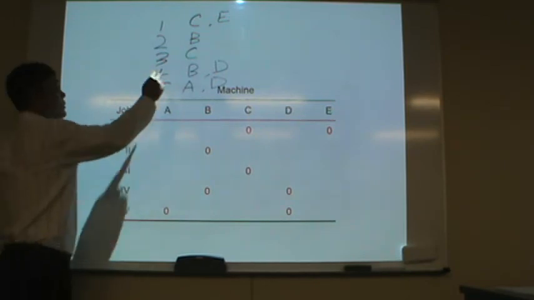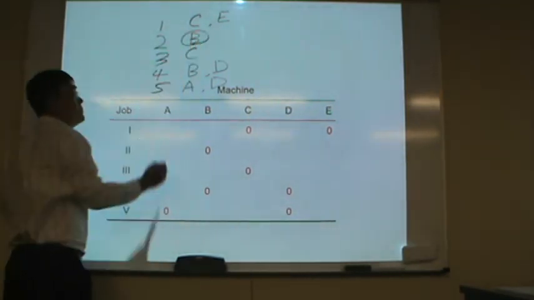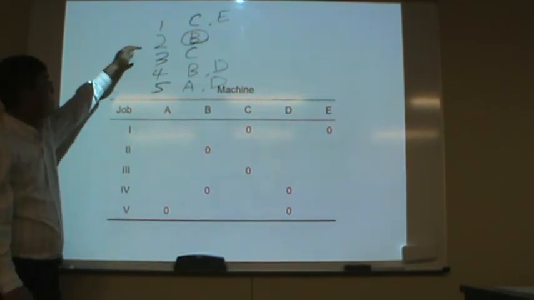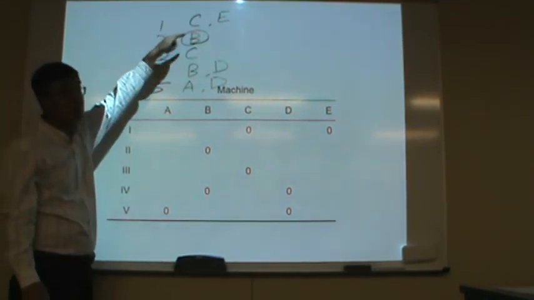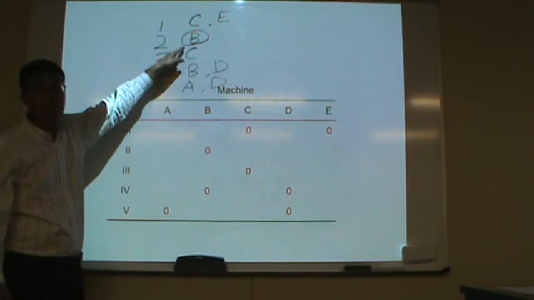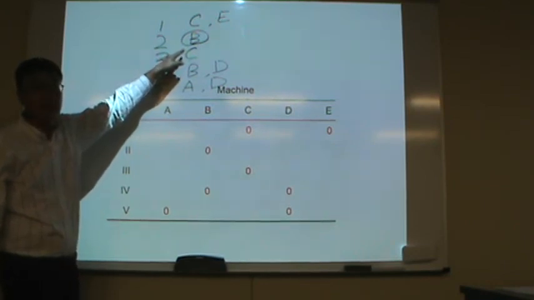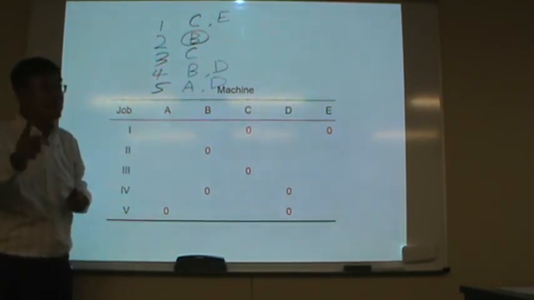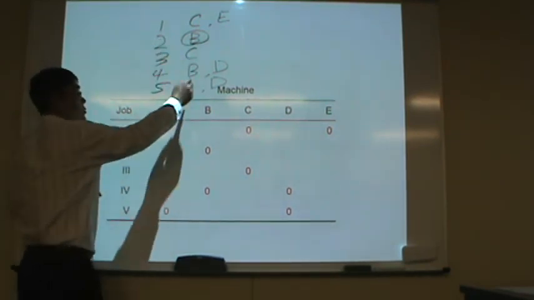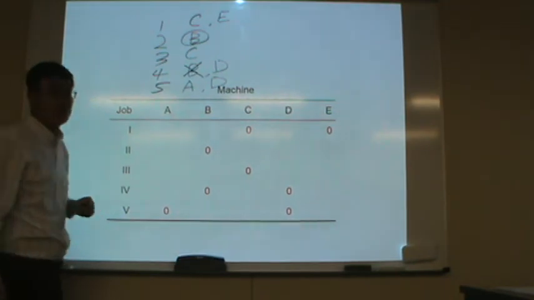So jobs 2 and 3. If we assign job 2 to B, this one is not available, right?